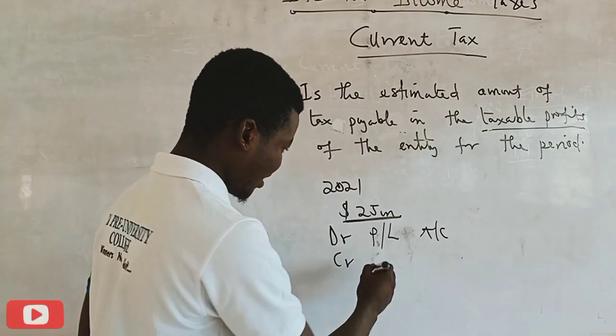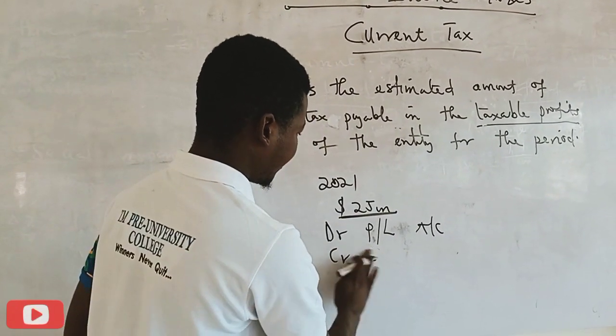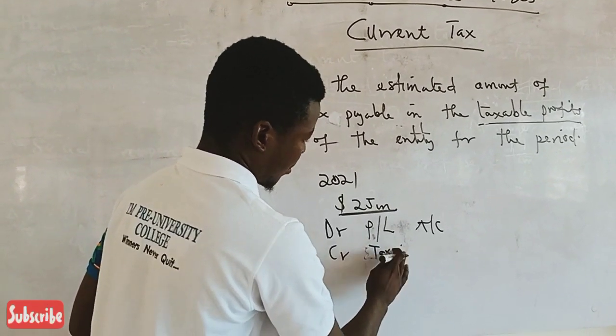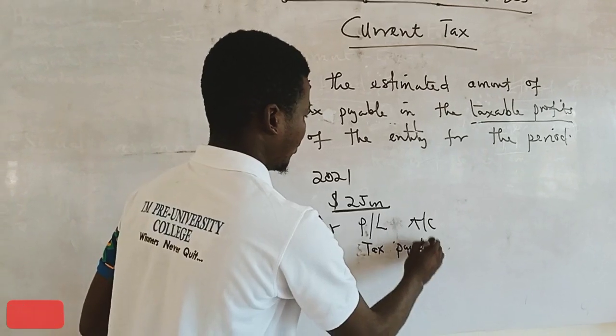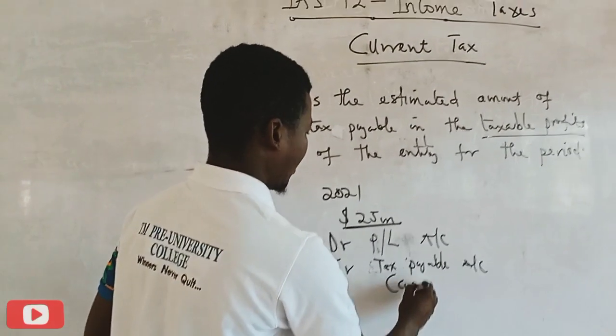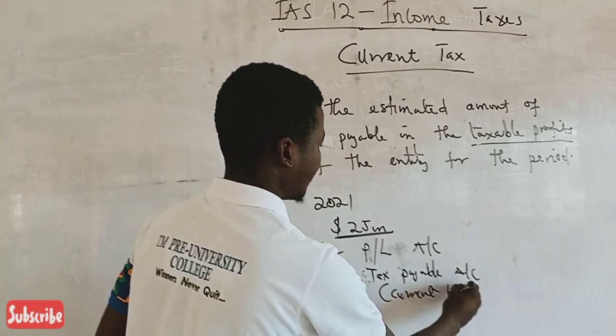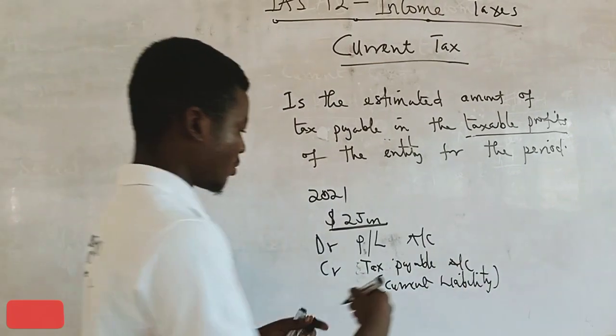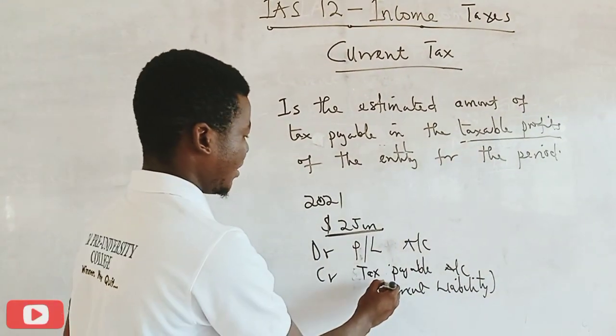So the entity has to credit the tax payable account, which is a liability, a current liability, because the entity is going to pay this amount in the subsequent period, which is the next year.